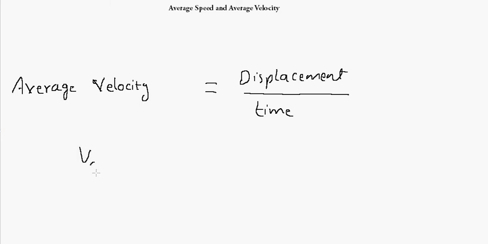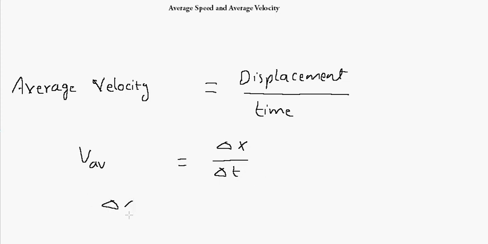Represented by VAV, that is the average velocity. Displacement is represented by delta x and the time delta t.